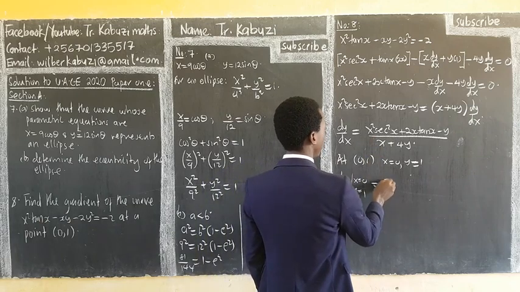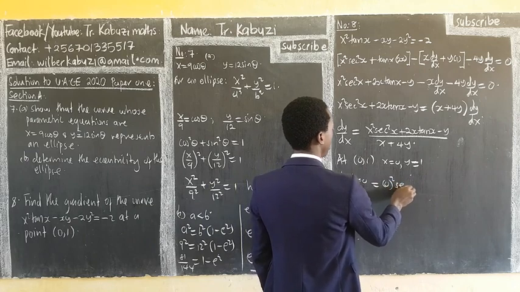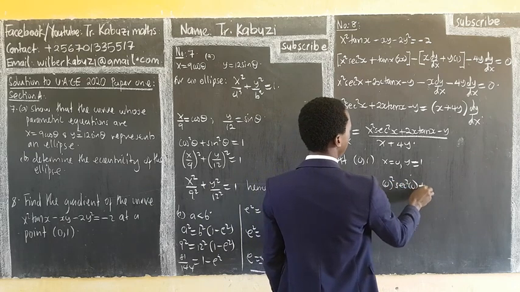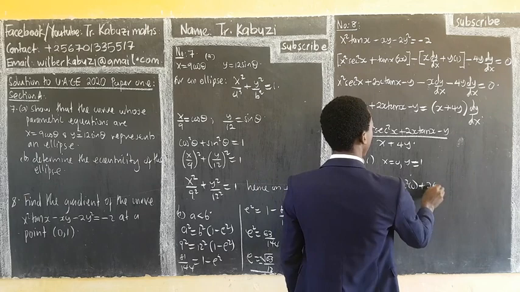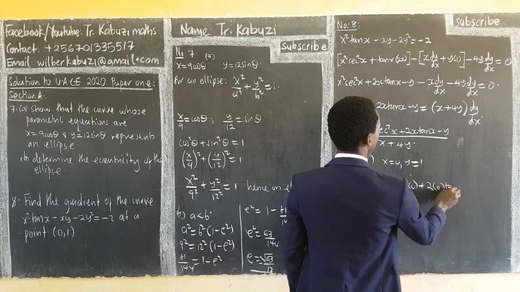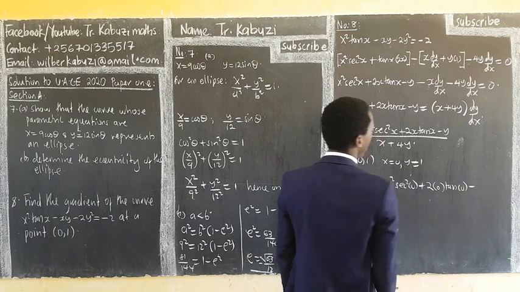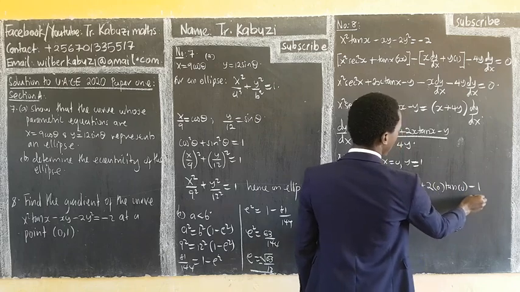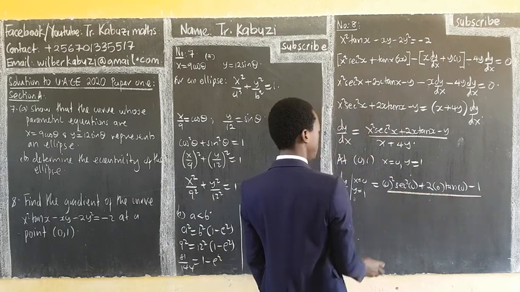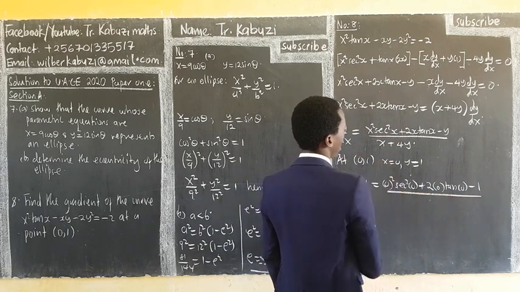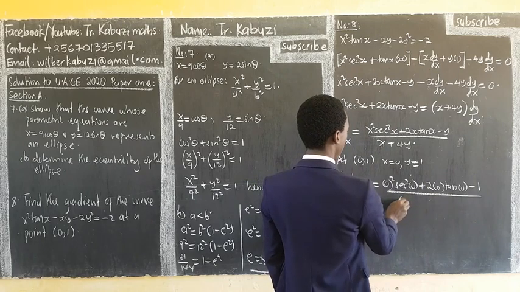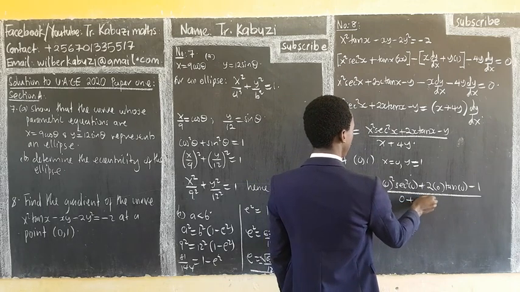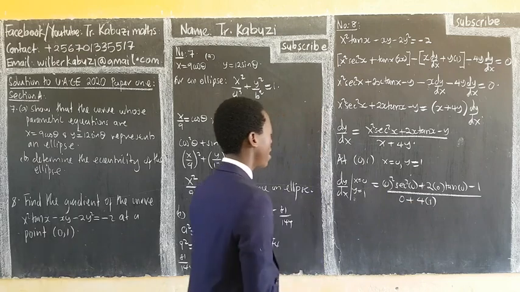So you have 0 squared sec squared 0, plus 2 into 0 tan of 0, minus y, which is 1, now all over, here we have our x as 0 plus 4 into 1 as our y.